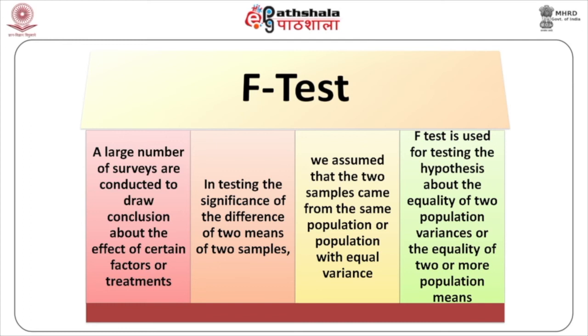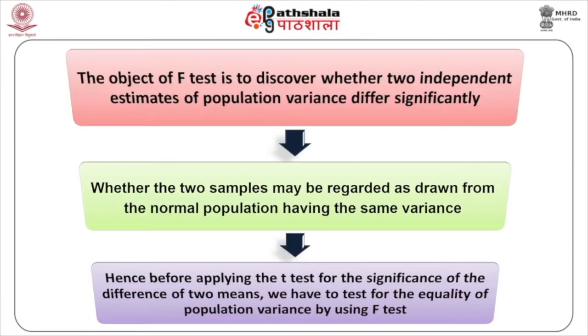The F-test is used for testing the hypothesis about the equality of two population variances or the equality of two or more population means. The object of the F-test is to discover whether two independent estimates of population variance differ significantly, or whether the two samples may be regarded as drawn from normal populations having the same variance.